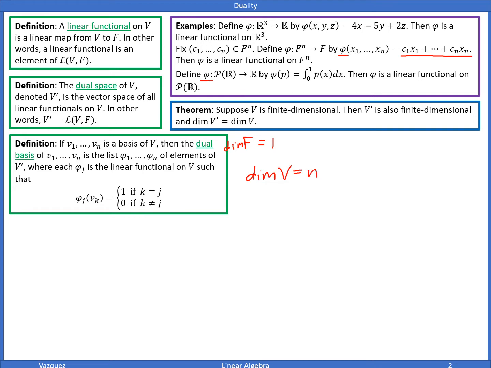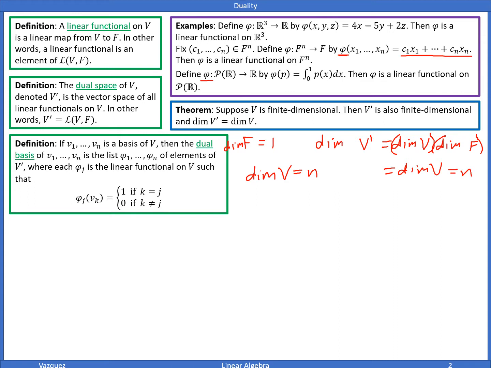So the dimension of V prime is equal to the dimension of V times the dimension of F, which is just equal to the dimension of V. That's how we're getting that, which is n.